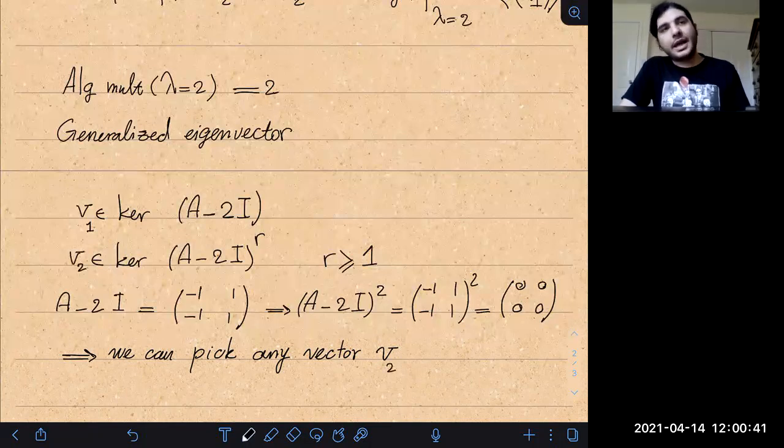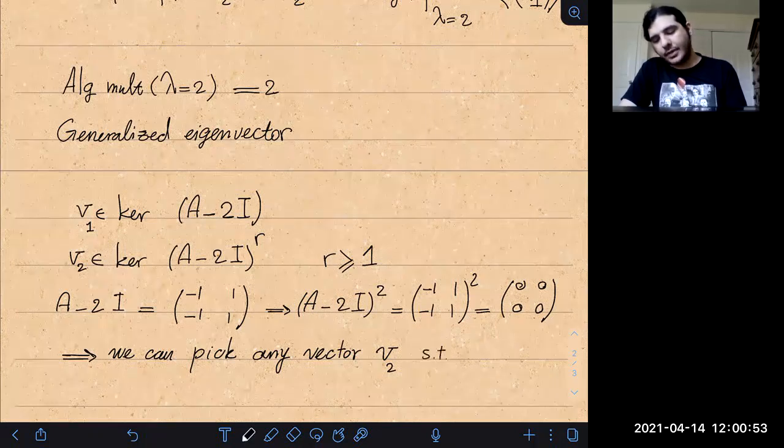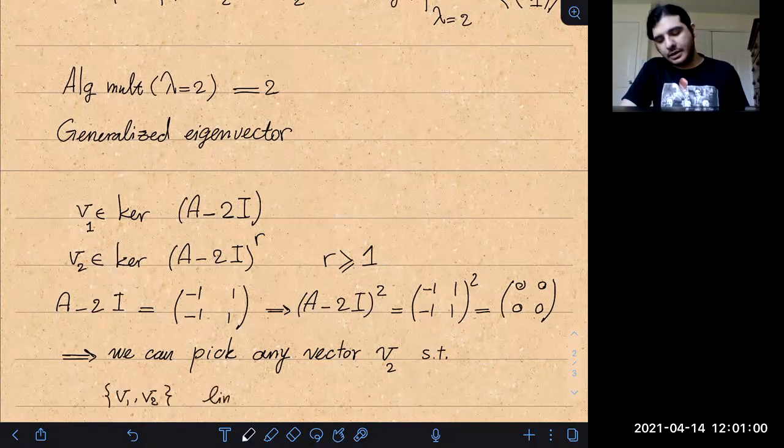I can pick any vector v2 in the kernel of this matrix, which means everything, but I just want it to be linearly independent with respect to v1, such that the set v1 and v2 forms a basis for R2.